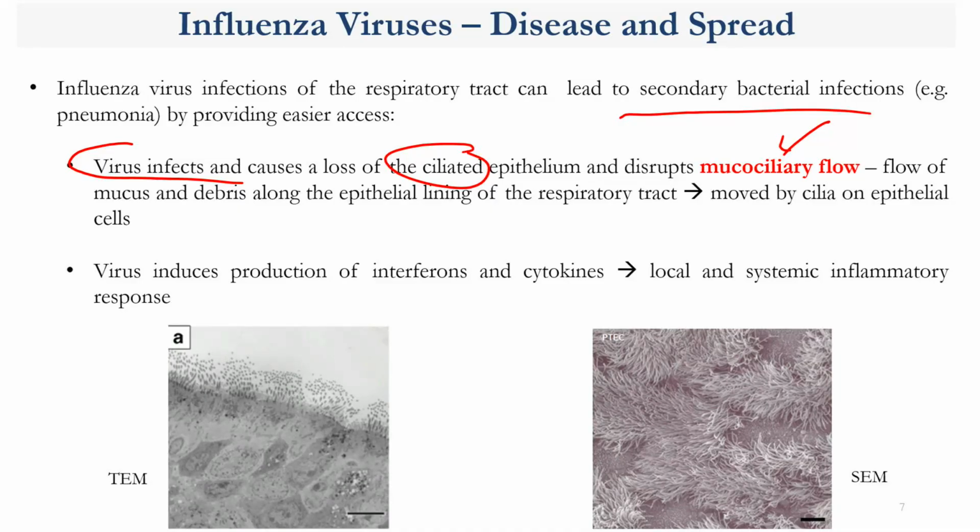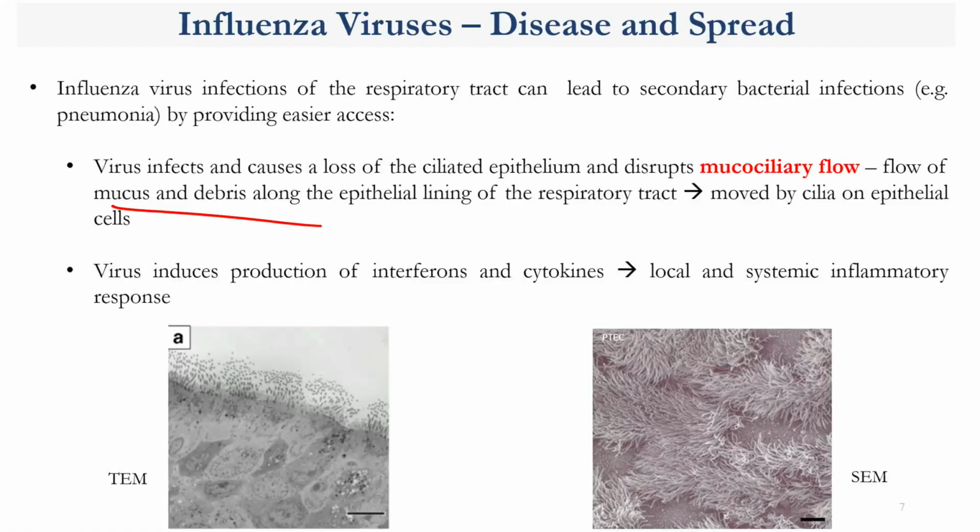Okay. So it will be hard for you to clear your respiratory tract, and as a result, you are more liable to infection. So the flow of mucus and debris along the epithelial lining stops or reduces, and as a result, you can have secondary bacterial infections. Because remember, mucus acts as a protective layer.